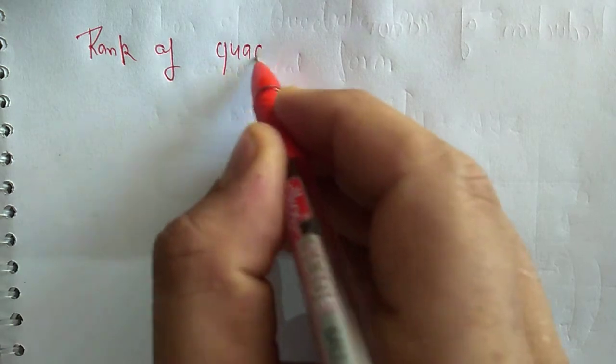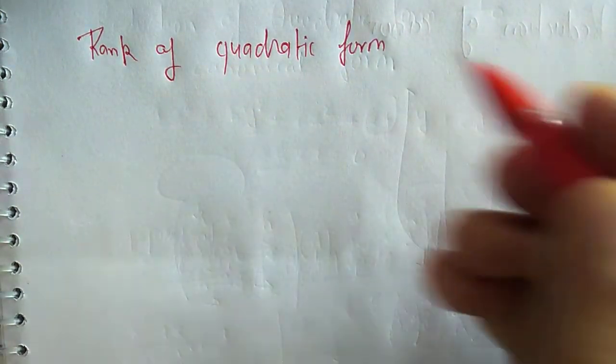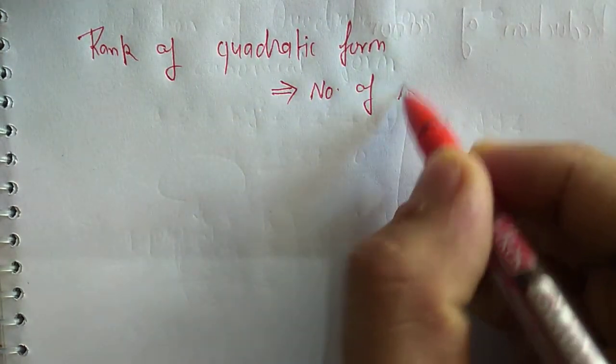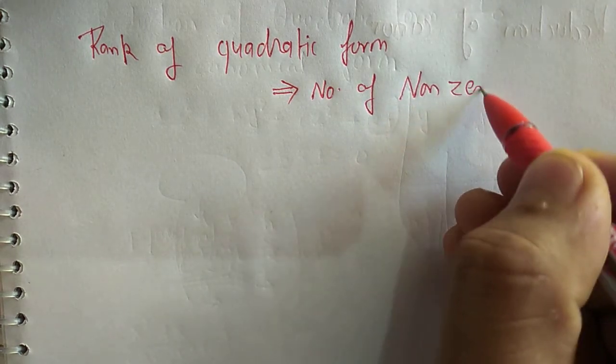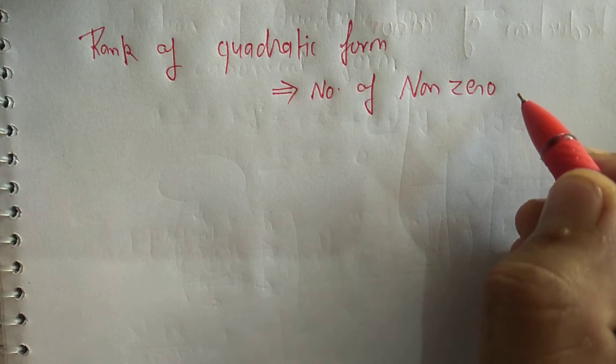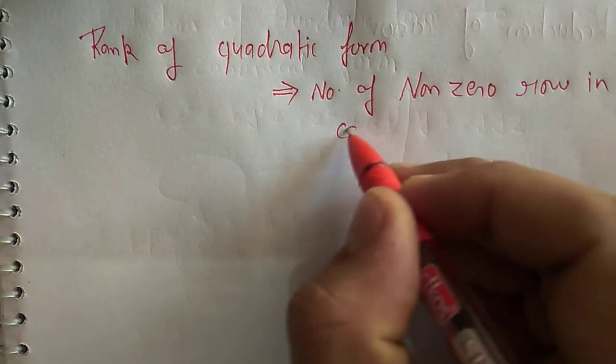So we have a few definitions. First, the rank of the quadratic form will be the number of non-zero rows in the canonical form.